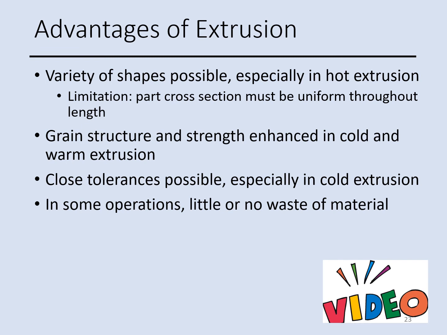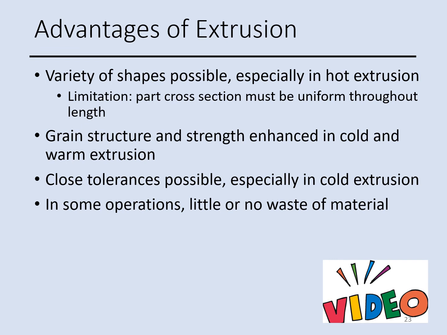In this slide, we have the advantages of the extrusion process. A variety of shapes are possible in this technique, especially when we are dealing with hot extrusion. The limitation is that the part cross section must be uniform throughout the length. Grain structure and strength of the part are improved.